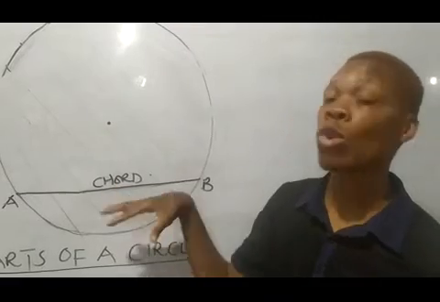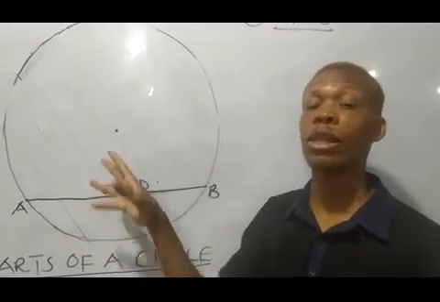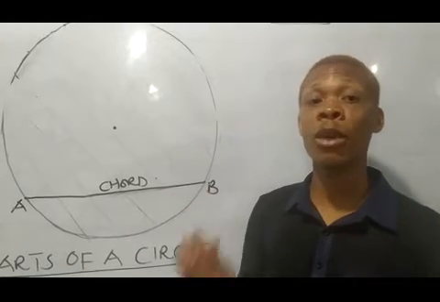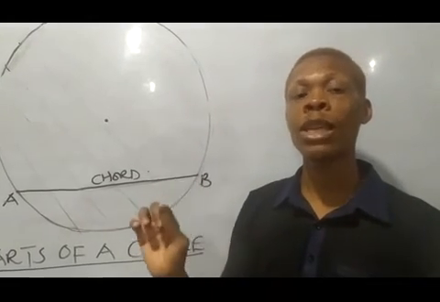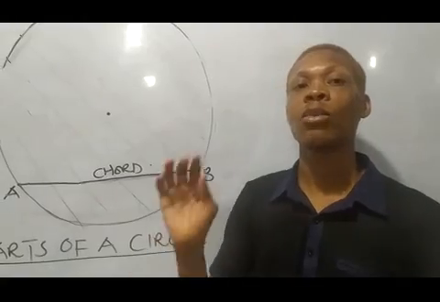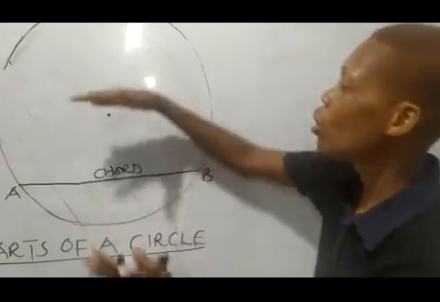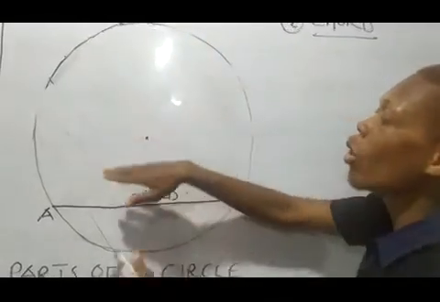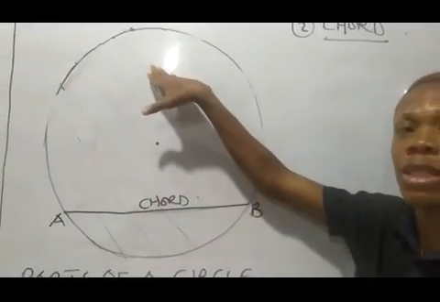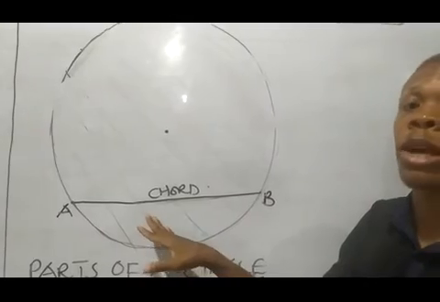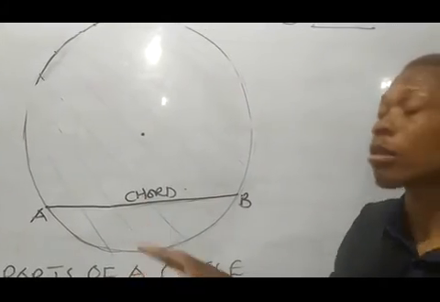So anytime there is a chord, always have it at the back of your mind that there are what we call segments. You see this bigger portion, because this is big, we call this the major segment. And because this is smaller, we call this one the minor segment.